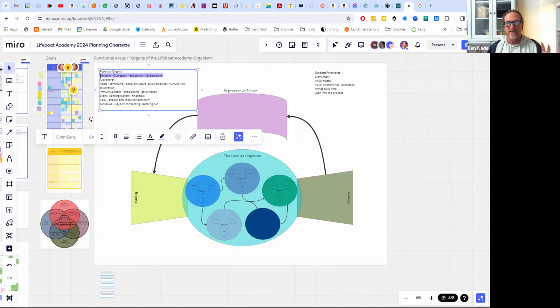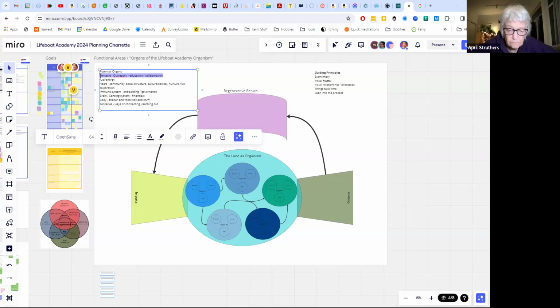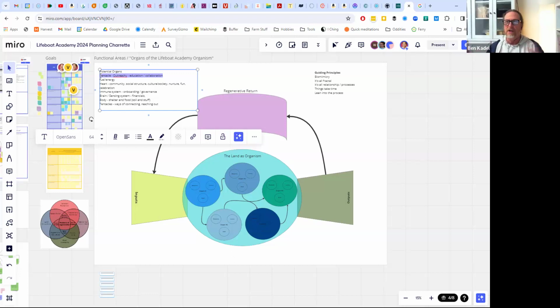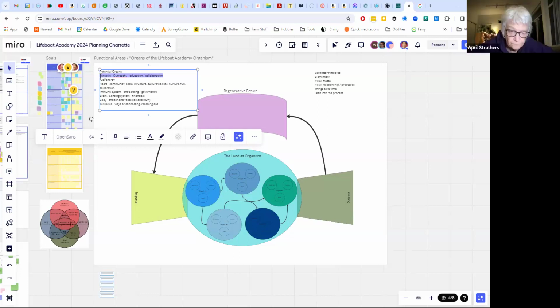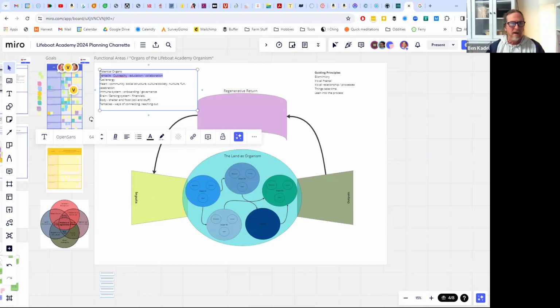The brain sensing system, like the forward planning, logically thinking through what do we need, how much money, who gets what, that kind of thing. The immune system, which I think is separate from the people element of the community part, but there's also that HR part, kind of conflict resolution, problem solving, onboarding. So it's more like the immune system.